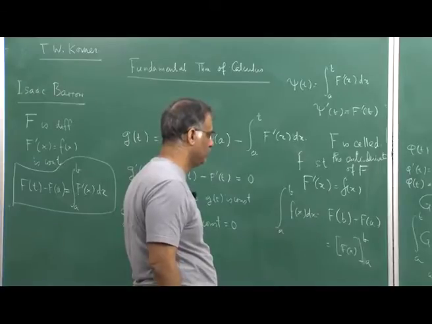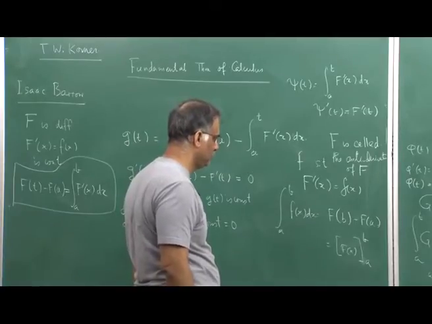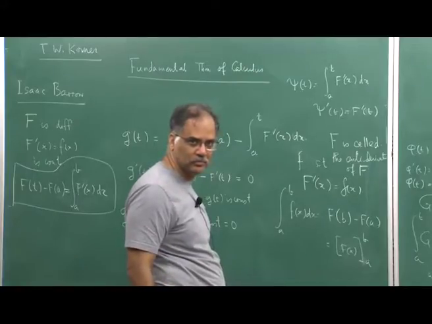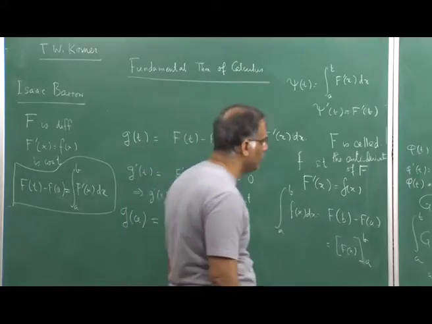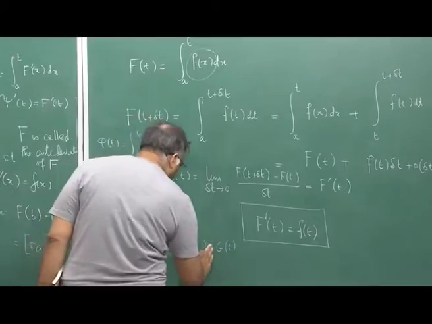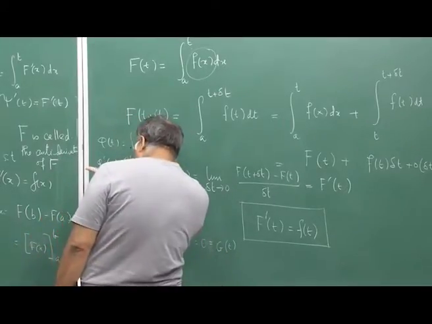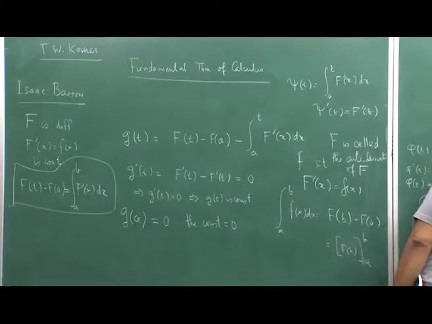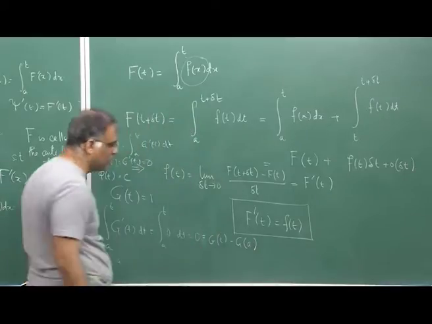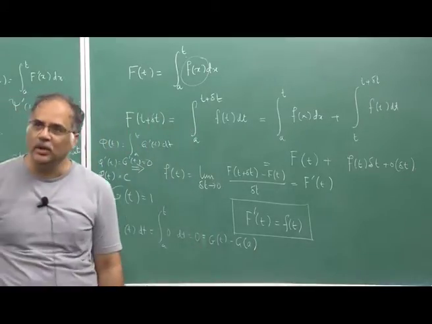Right. 0 is actually gt minus ga. Exactly. So 0 is actually gt minus ga. So if you now go back and write that result, the fundamental theorem, because now gt is 1 and ga is 1.